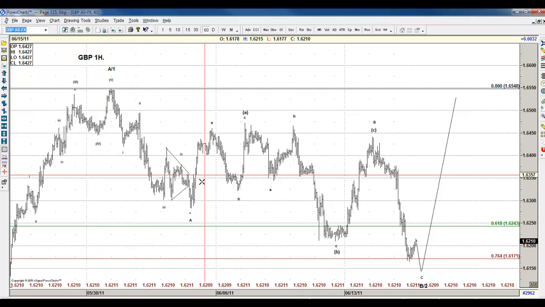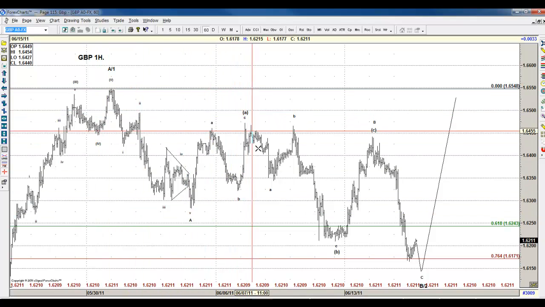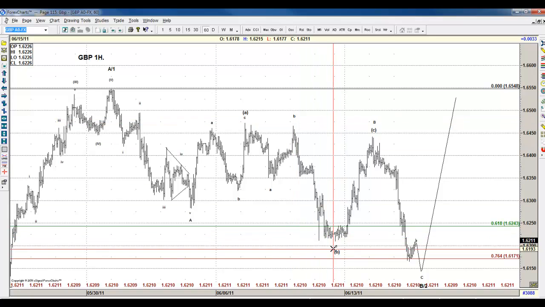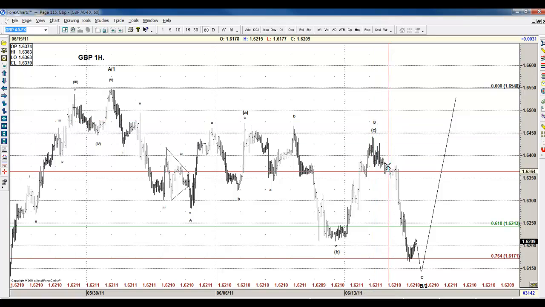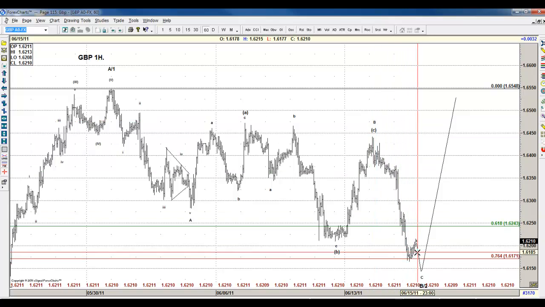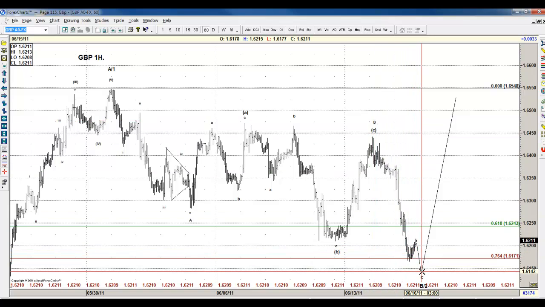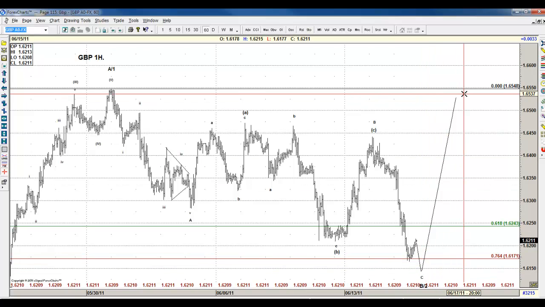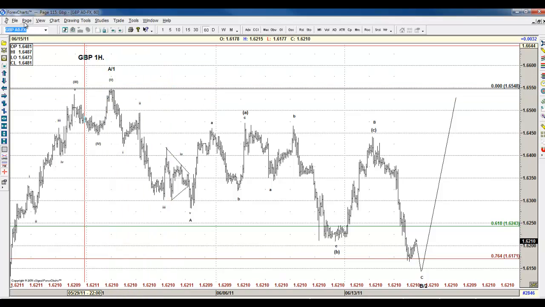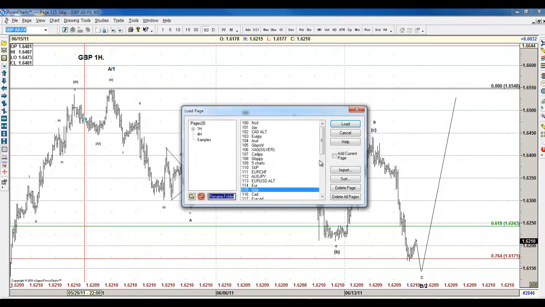I see A, B, C, A, B, C, D, and a flat C, when from here you should get 5 ways. We still believe that there is one more low in this pair before the market turns higher again. But it's still bullish, to be honest with you guys, on cable.